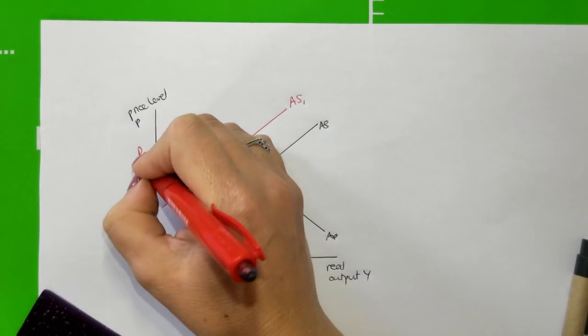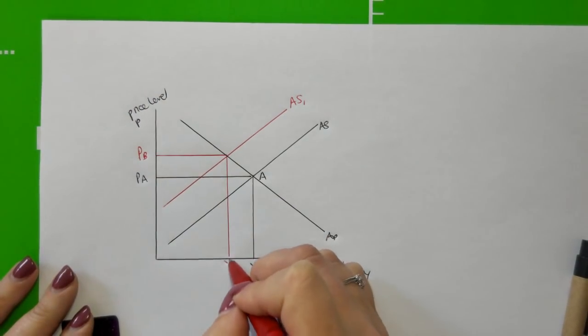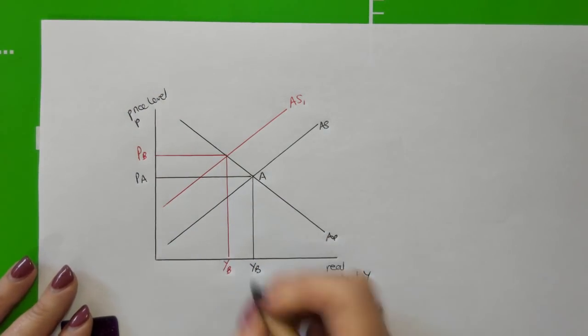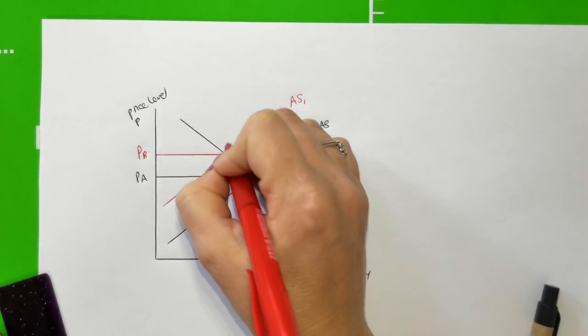And this is PB, and this is YB. Sorry, that was incorrectly labeled. Okay, and this is point B.